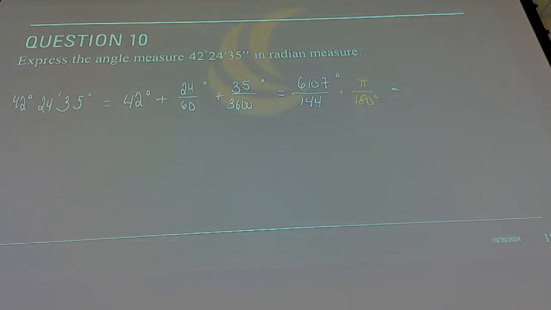Sadly for you, 6107 and 180 have nothing in common. That doesn't simplify. Just 144 times 180, 25,920. You're probably going to want to make sure you have a calculator. 165.7 degrees.